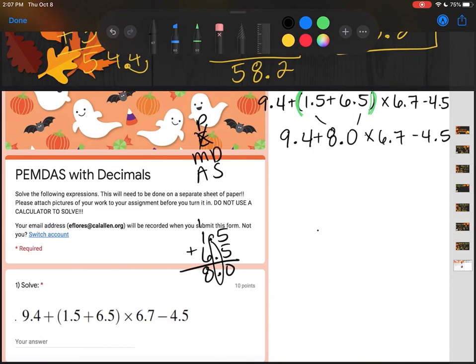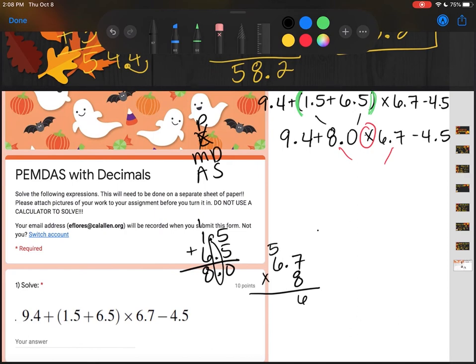All right. So now my next step would be to look for multiplication and division. The only multiplication or division I see is right here, right? So I've got 8 times 6.7. We can actually drop that 0.0 now because we're not going to need it since we're just multiplying. So we're going to multiply. I'm going to do 6.7 times 8. 8 times 7 is 56.